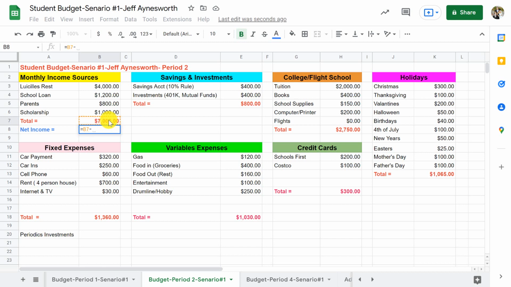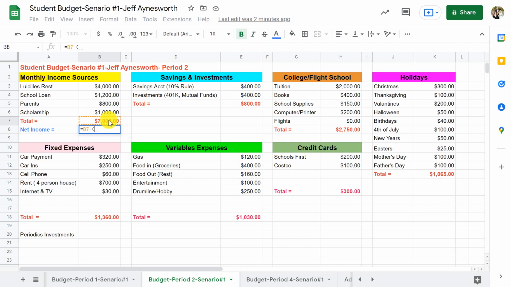So go minus, parentheses. I'm going to add up all the expenses in all the categories. In the savings category, I'm going to take 800 and add it to the 2750 in the college category, add it to the 1065 in the holiday category, and add all these up, and we're going to get a total that is subtracted from the 7,000.